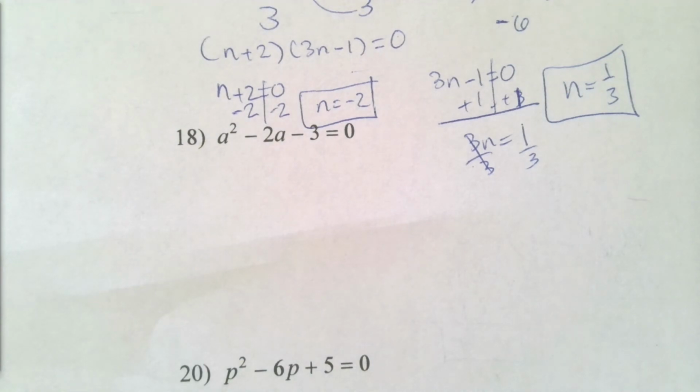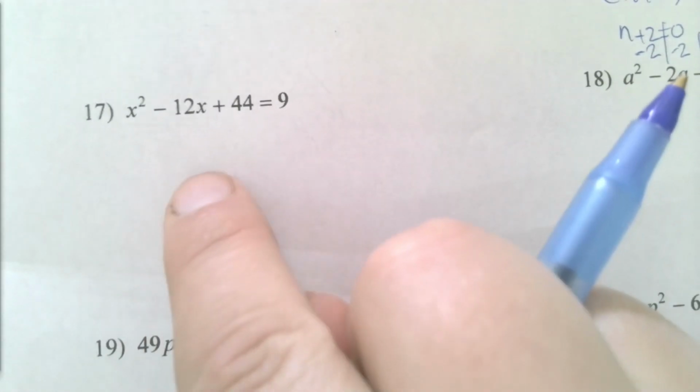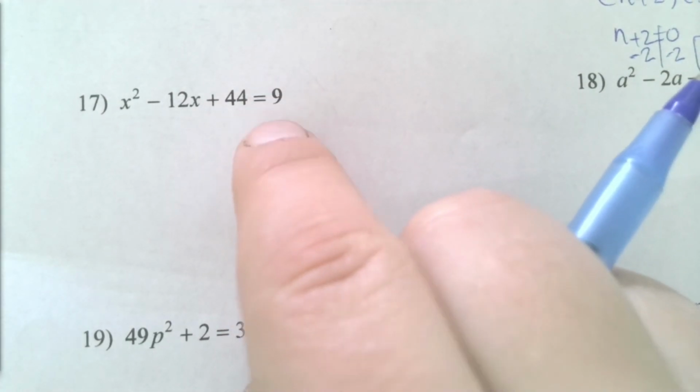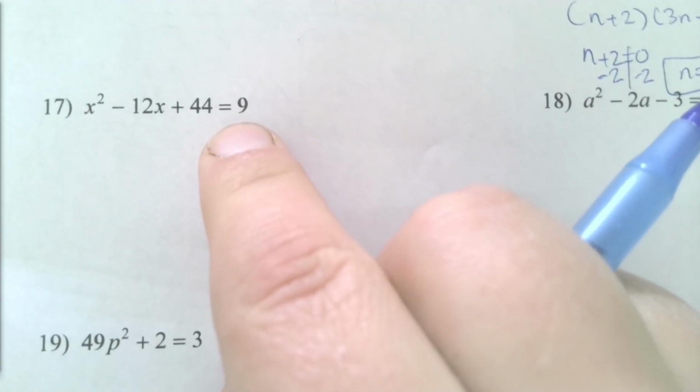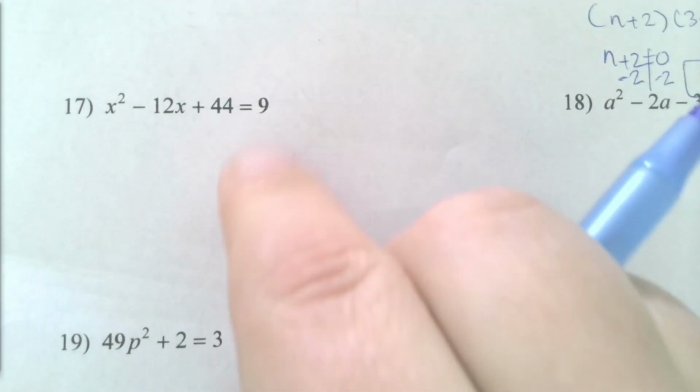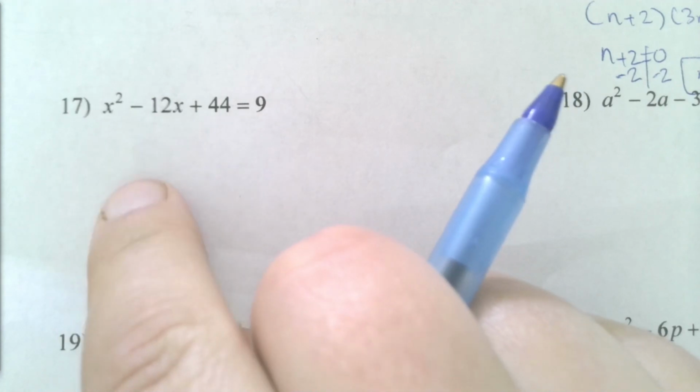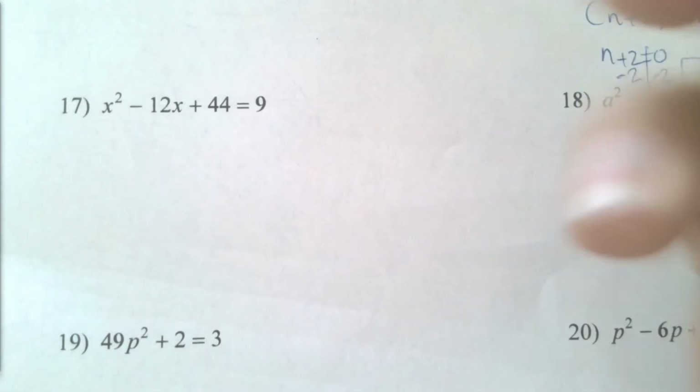That's all the ones I want to show you, but I do want to get you started on one of them. These were easier than I intended them to be, but that's okay. It's a good place to start. Guys, we can't do this when it's equal to a number. So I'm on number 17. What do I need to do first? You gotta move the X's.